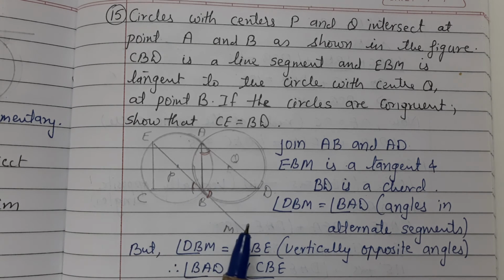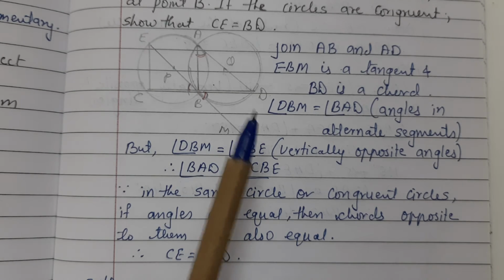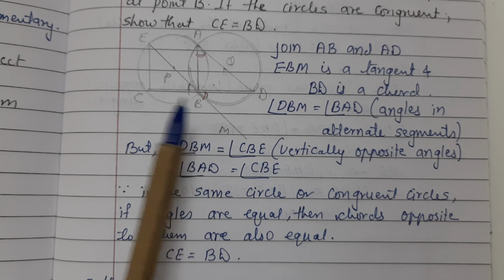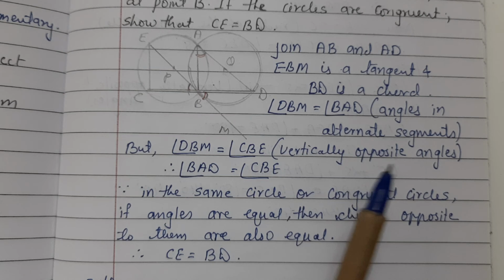EBM is a tangent and BD is a chord. Therefore, angle BDM is equal to angle BAD, angles in alternate segments. But angle DBM is equal to angle CBE, vertically opposite angles.